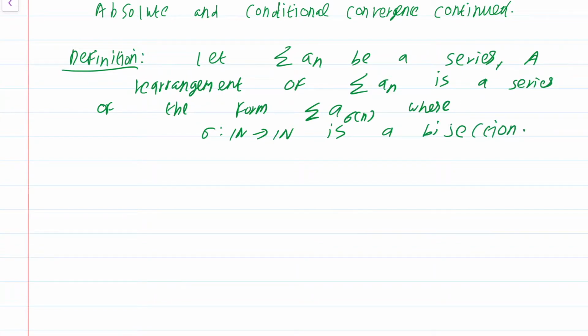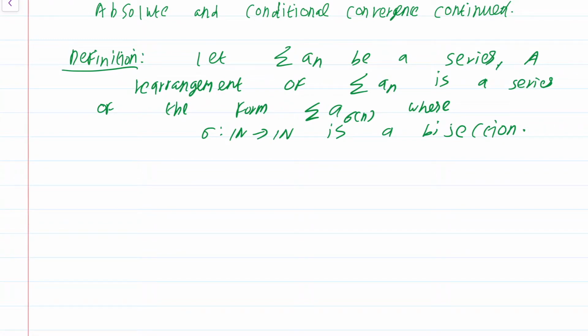So this is capturing in a very rigorous way what it means to permute or rearrange the elements of a series. In the last module, we saw that if you rearrange the terms of a conditionally convergent series, all sorts of weird things can happen. We had not formally defined what a rearrangement is, and now we have rectified that issue.